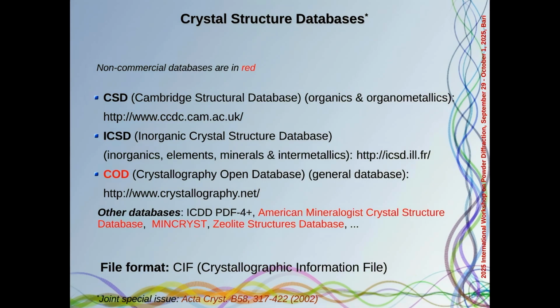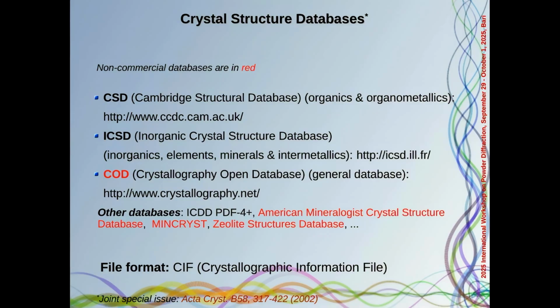As you probably know, the most common database, in particular for organic and organometallic compounds, is the Cambridge Structural Database. There is an equivalent commercial database for inorganic structures, the ICSD. And COD is a general database containing organic, inorganic, and organometallic structures, and it is a free database.